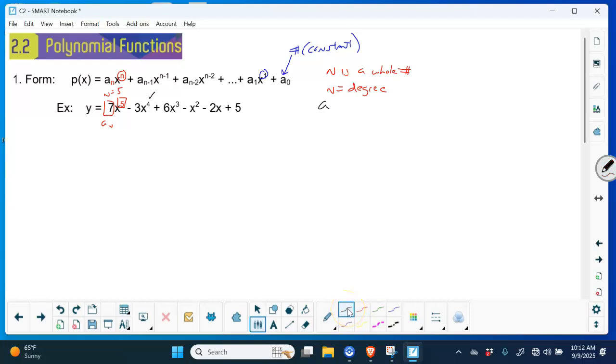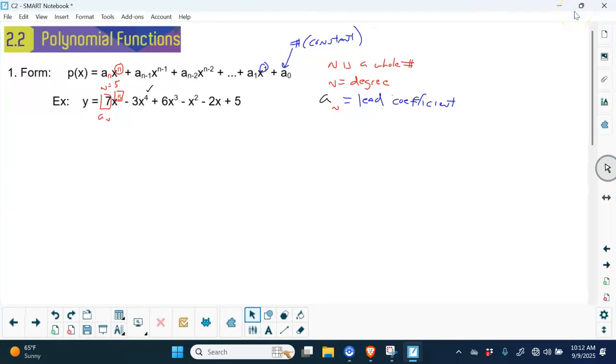And a sub n is called the lead coefficient. All right, and it's off again. Oh, I hate that. All right, let me try that. So a sub n is the lead coefficient.